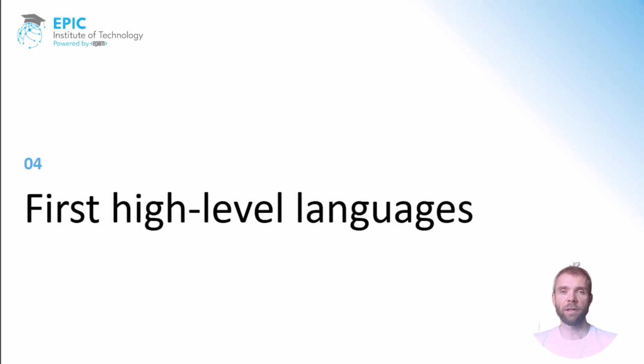Originally, there were no languages at all to program the machines. There were punch cards, and a punch card definitely doesn't look like a language. There are no words, no tokens, no expressions, something that we're really used to in the programming languages that we use nowadays.